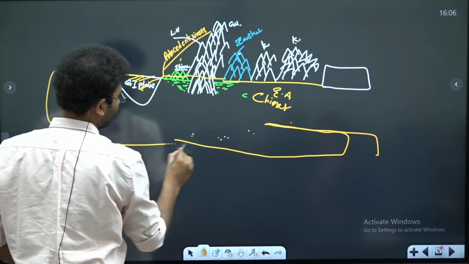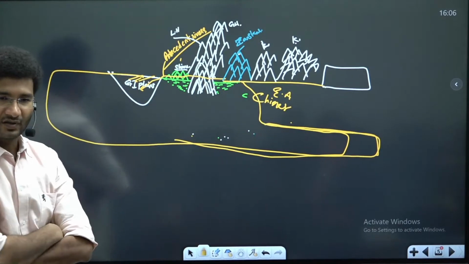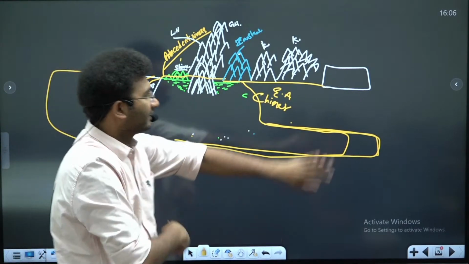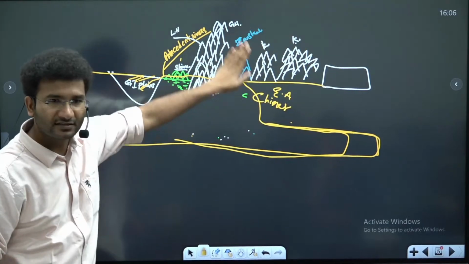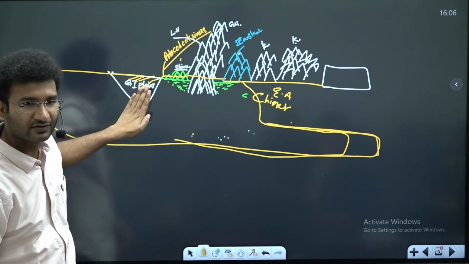So this color, whatever I'm drawing, this is your Indian plate. Got it? So Tibet, Karakoram, Ladakh, Zanskar, Greater Himalayas, Lesser Himalayas, Shivaliks, and then comes Great Plains of India.